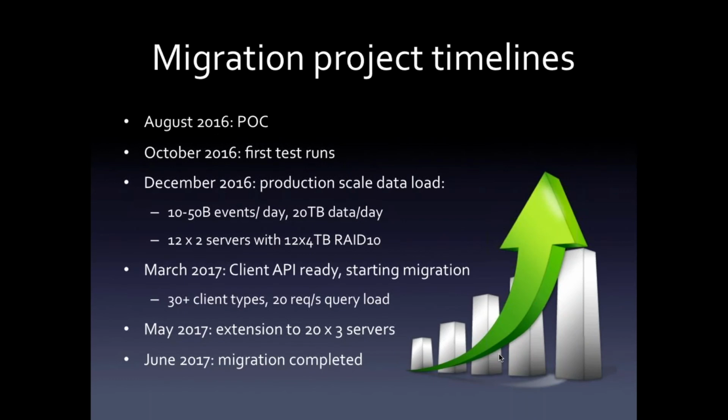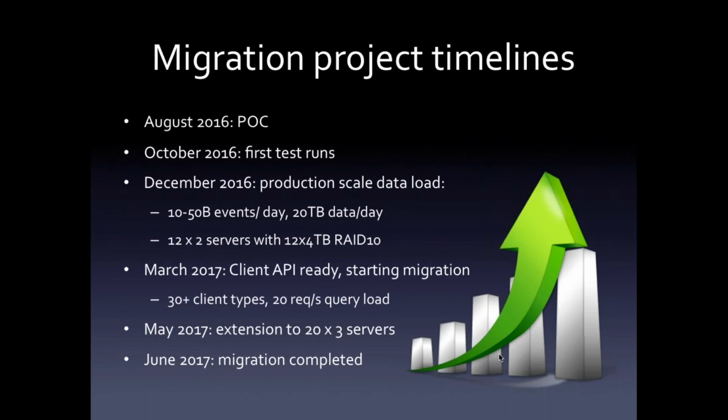In December we rolled out the pre-production cluster, which consisted of 24 servers, so 12 servers with 2 replicas of each. But we were already able to load our production-level data, which is 10 to 50 billion events per day, something like 20 terabytes of data loaded daily.